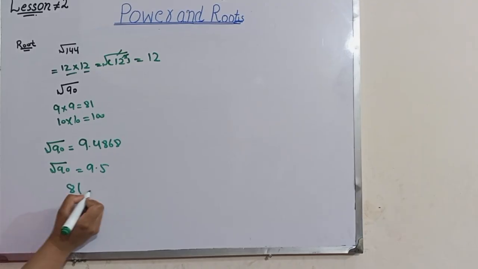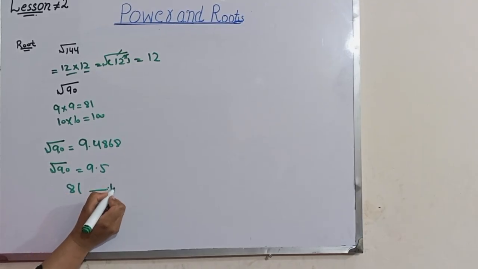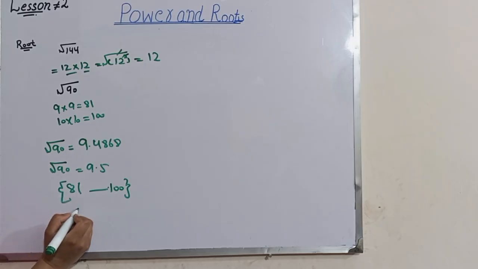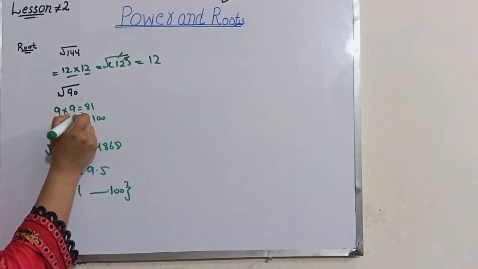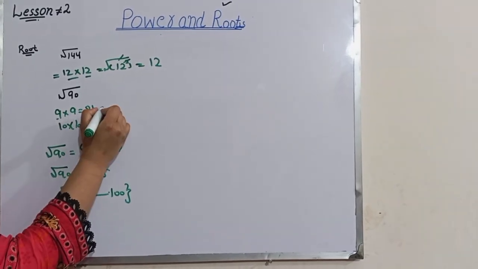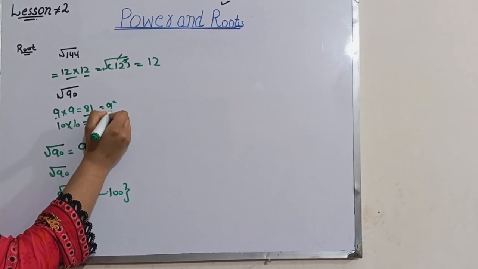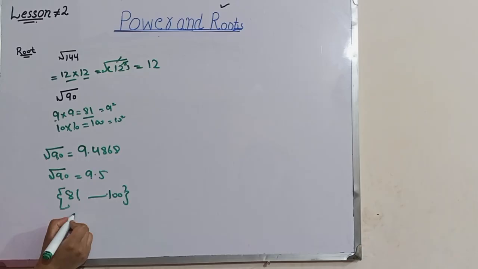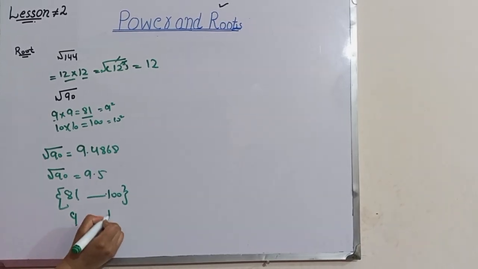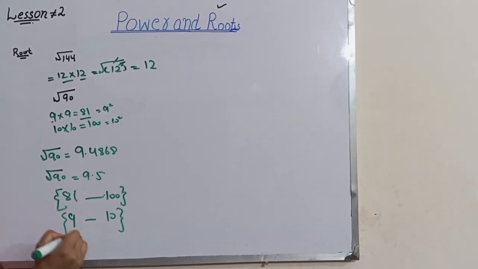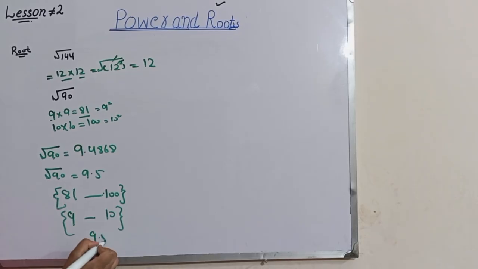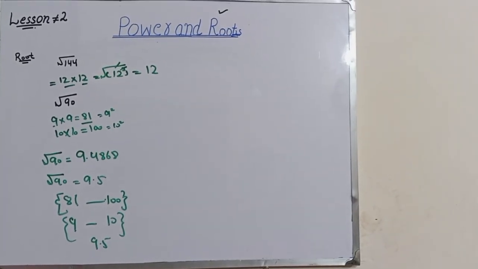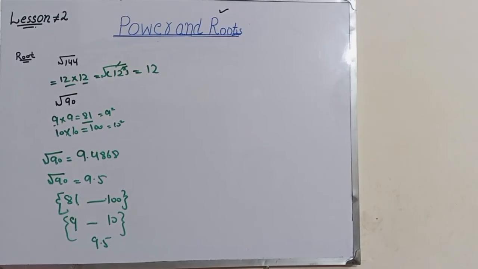It's between 81 and 100, meaning it's between 9 squared and 10 squared, so between 9 and 10. Our answer will be 9.5. And that's how we estimate the square root when the number is not a perfect square.